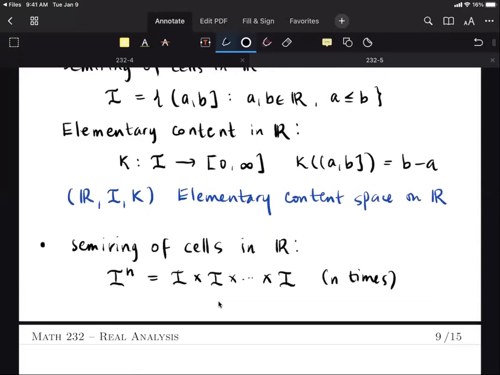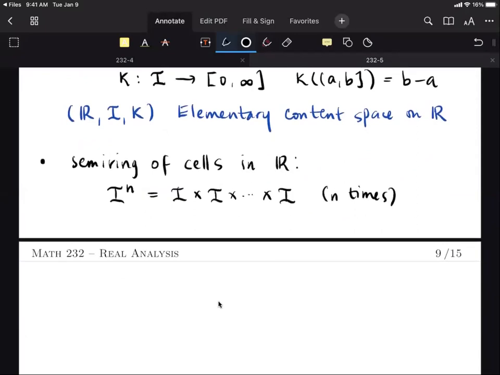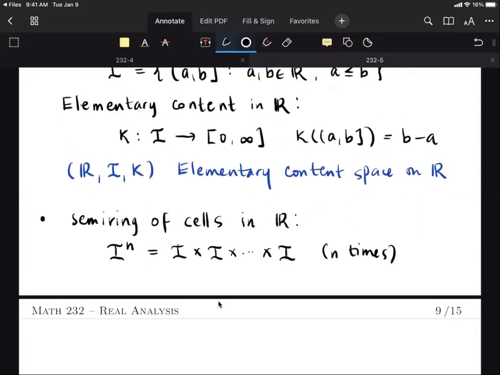So you just take the Cartesian product of cells in R. That would be your cells in Rn. And we have a theorem that this is indeed a semiring, because the product of semirings is again a semiring. That is Hans' theorem last time.